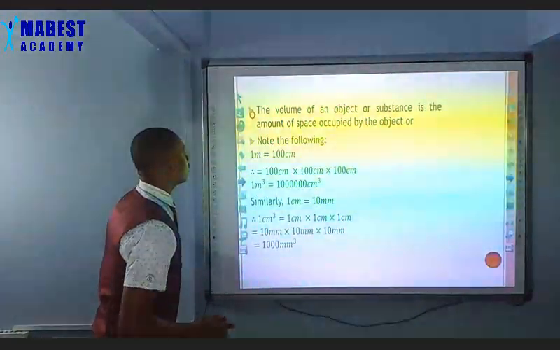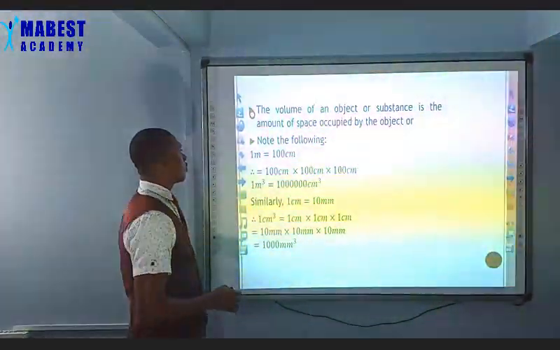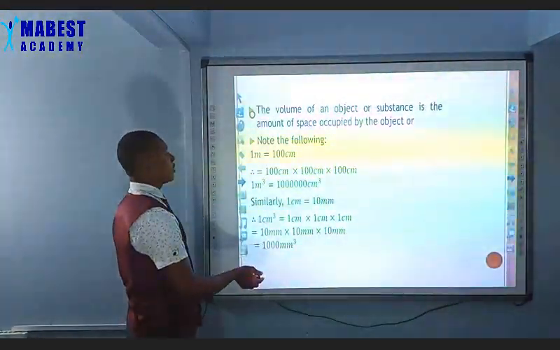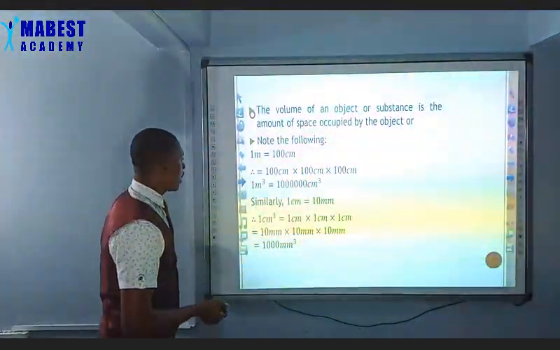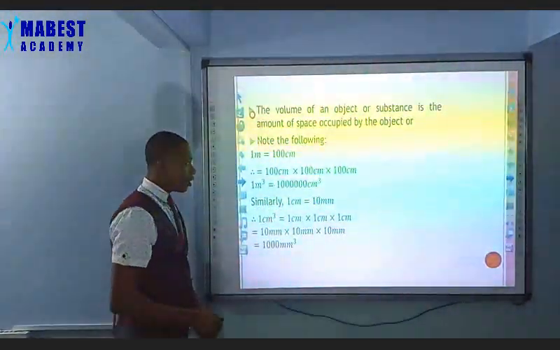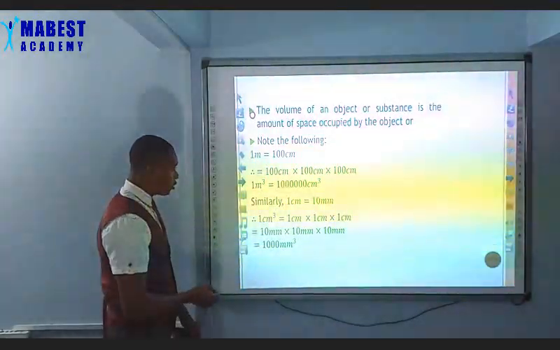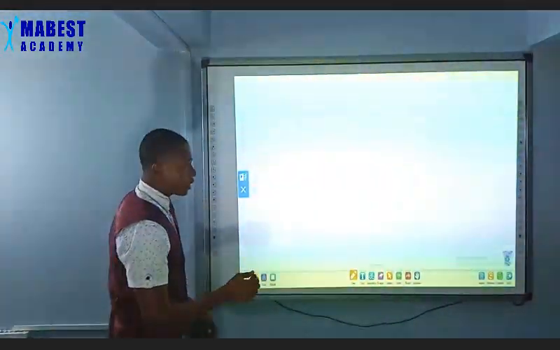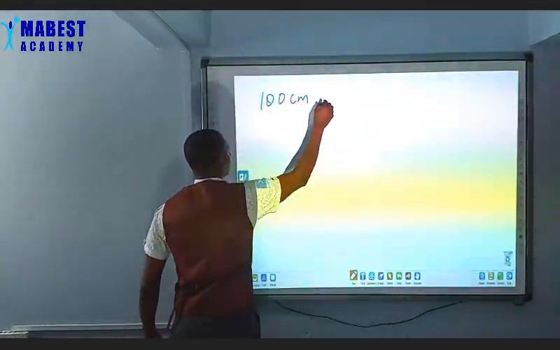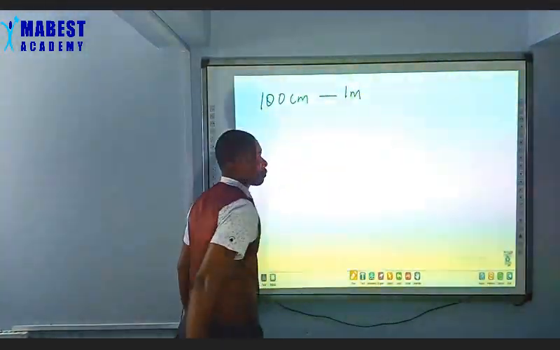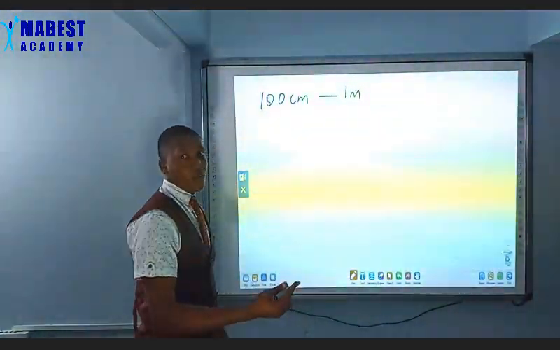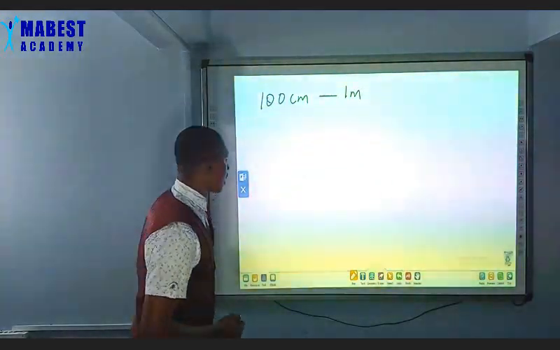So the volume of that particular bucket cannot extend because it has filled to the brim. Now we want to look at some units under volume. We must note the following. From your elementary maths, 100 centimeter will give you 1 meter. Therefore, 1 meter cube will give us 100 centimeter multiplied by 100 centimeter multiplied by 100 centimeter. Don't forget, we are dealing with volume, and volume means we multiply meter with meter with meter to give us meter cube.